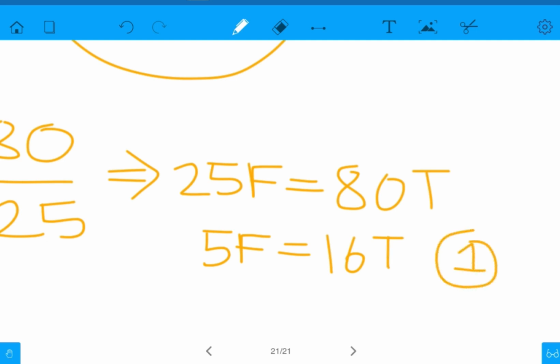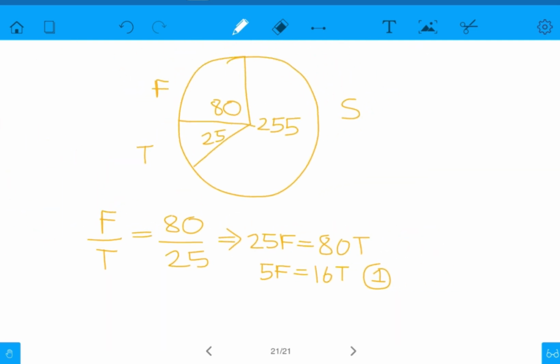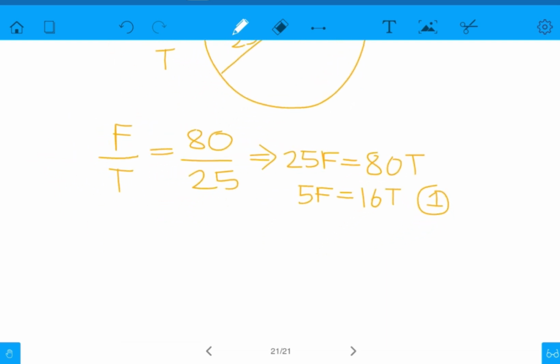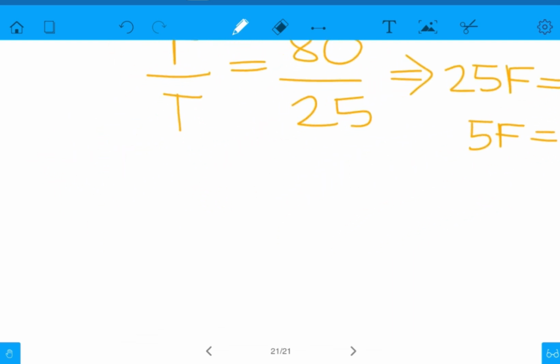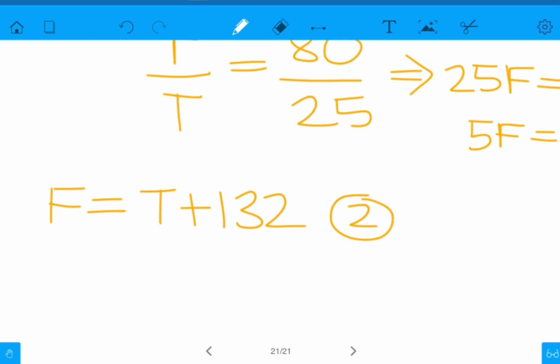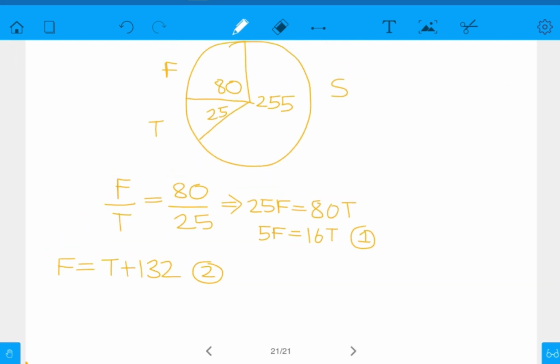So I'm going to call that equation 1, because there's still another piece of information, and that is that the question says that there were 132 more people on Friday than on Thursday. So we can write that as F equals T plus 132, and I'm going to call that equation 2.